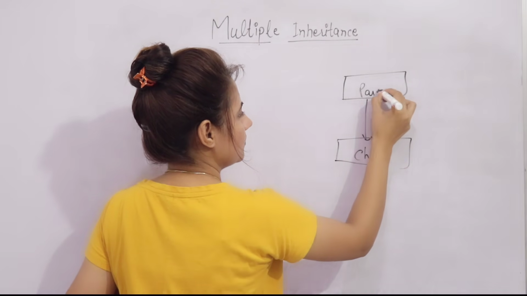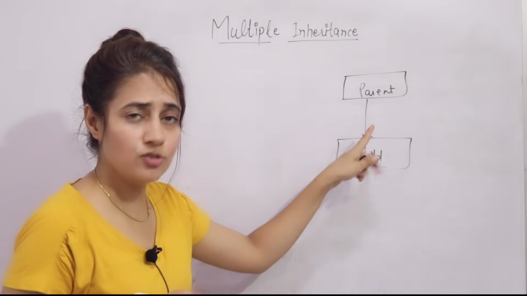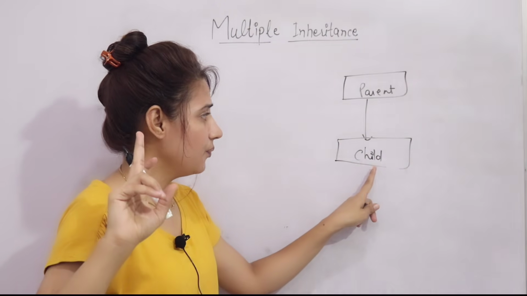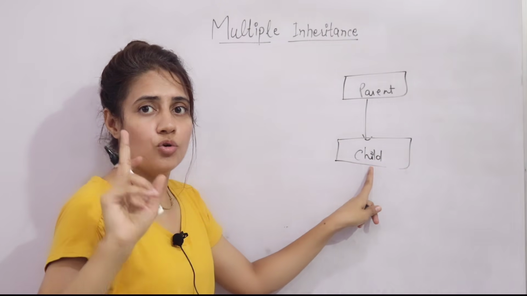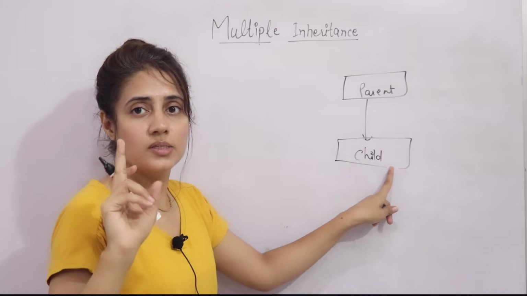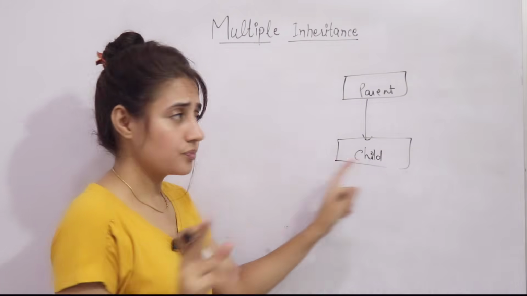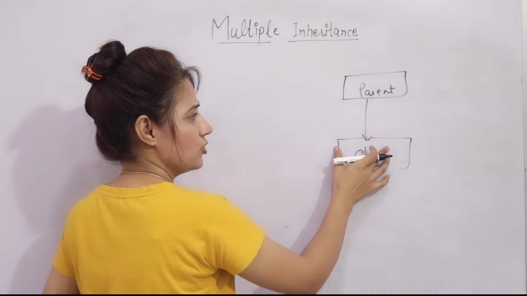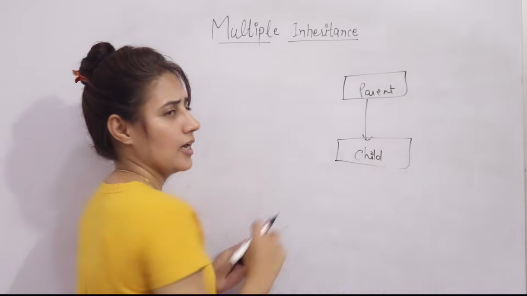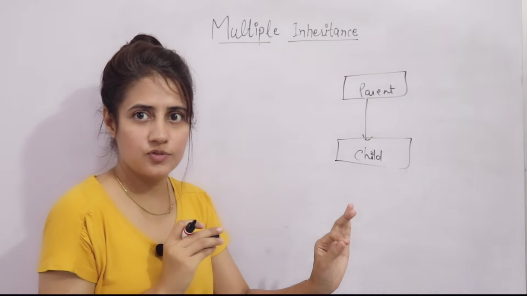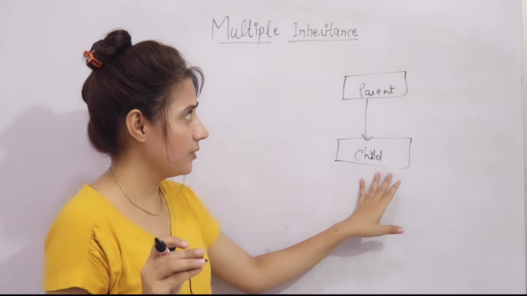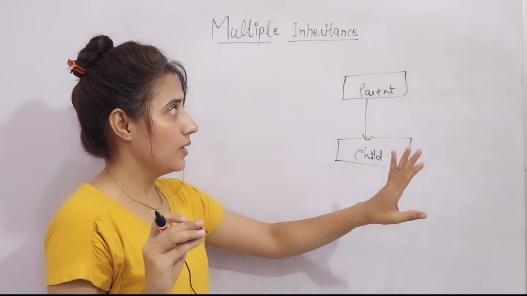So this is the parent, or you can say base class, or super class. This is the child class, or you can say derived class, or subclass, right? So only one child class will inherit properties from one parent class. So this is single inheritance, right? This thing with a proper example we have seen in the last video, right?